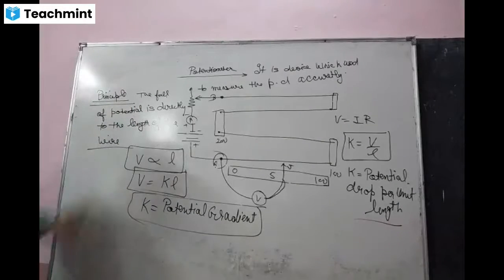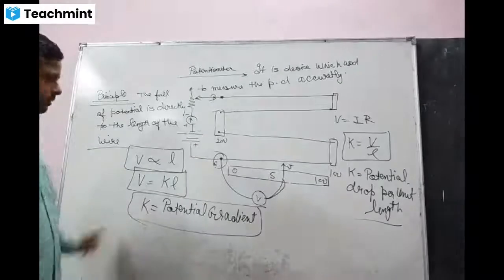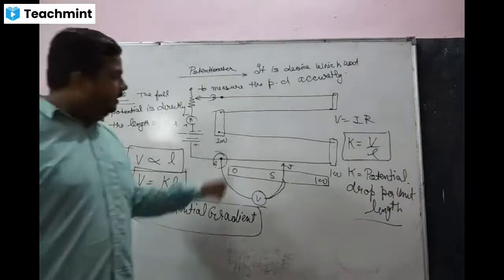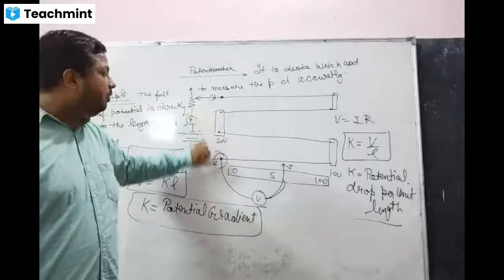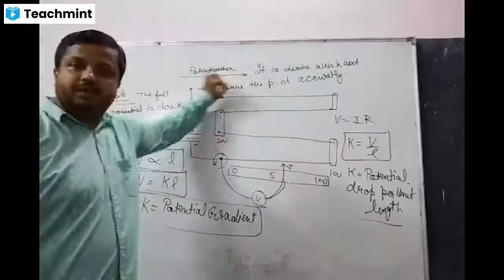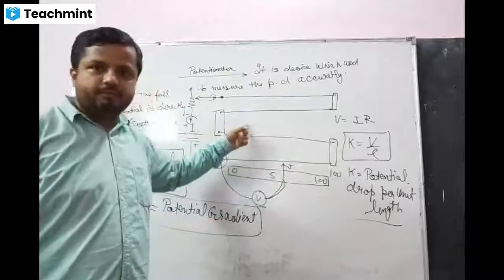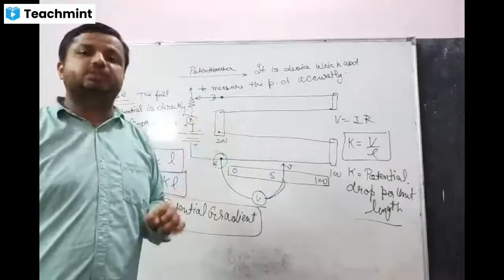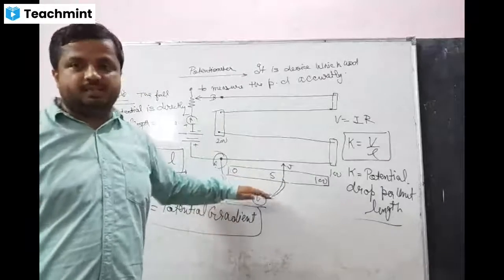Now, the applications. First application. This is the potentiometer principle. First, the circuit. We connect the 400 centimeter wire stretched on a wooden board. A parallel 100 centimeter scale is placed.